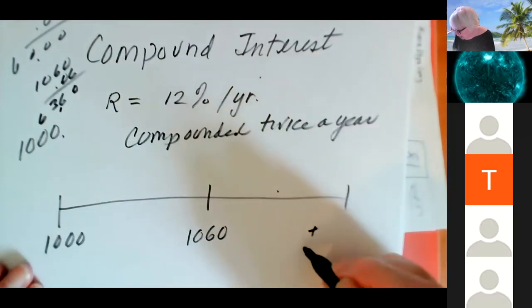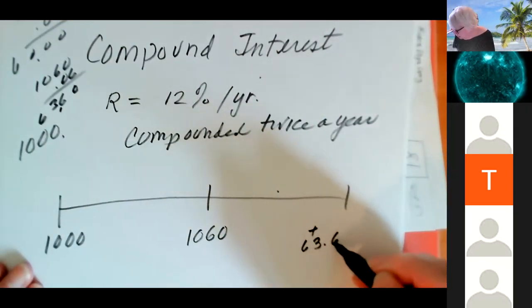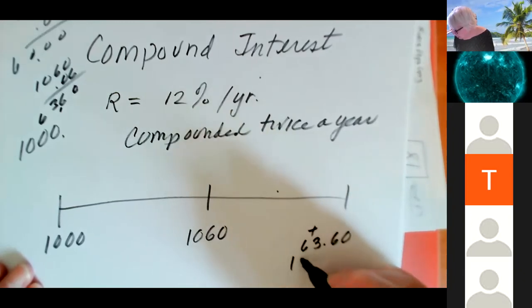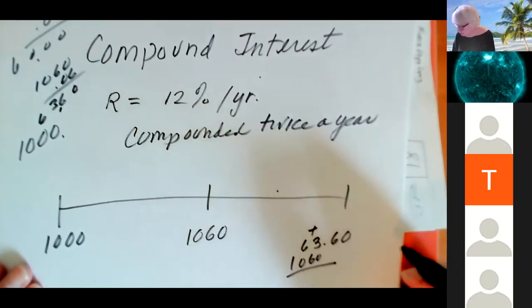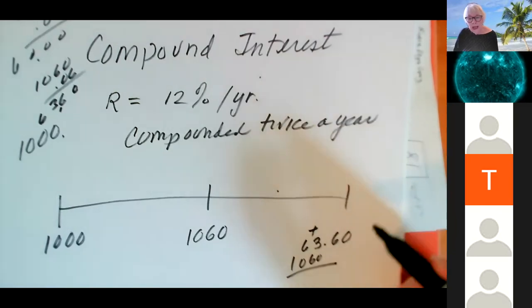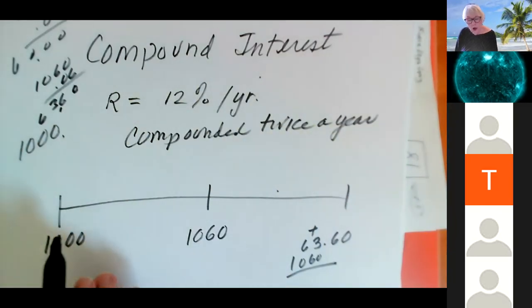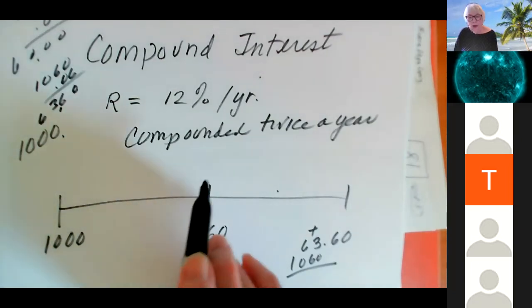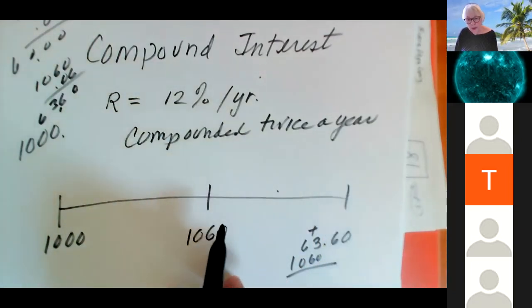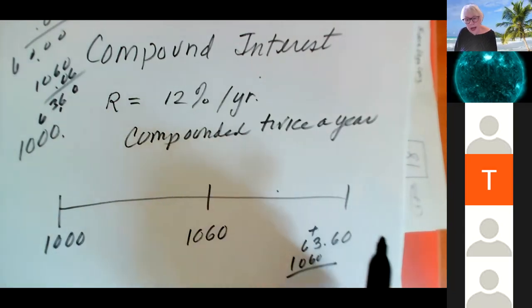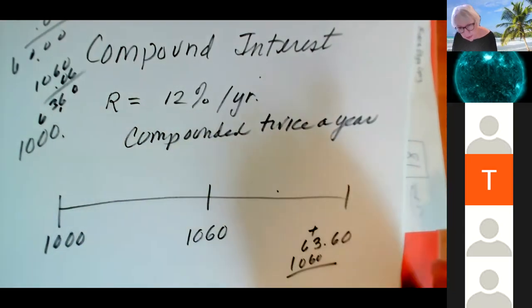So what we're going to do is add $63.60 to the 1,060. Can you see, instead of just always basing it on 1,000, it's interest on not only the 1,000, but on the extra. And so it actually builds up quicker with compound interest.